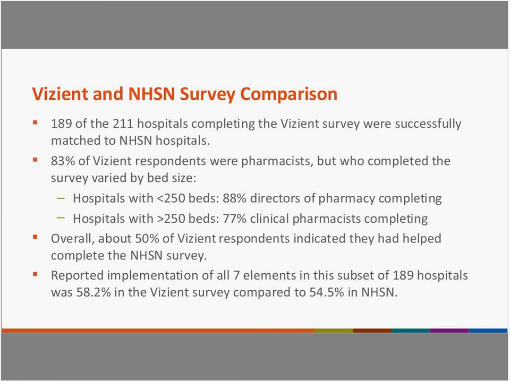The reported implementation of all 7 of these elements in the 189 hospitals where we had data from both surveys was actually pretty close. It was 58.2% in the Vizient survey compared to 54.5%, so 58 versus 55 in the NHSN survey. And we think that has some degree of face validity.